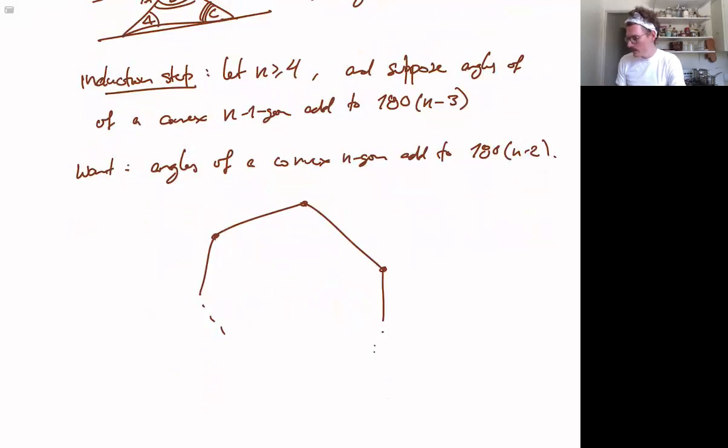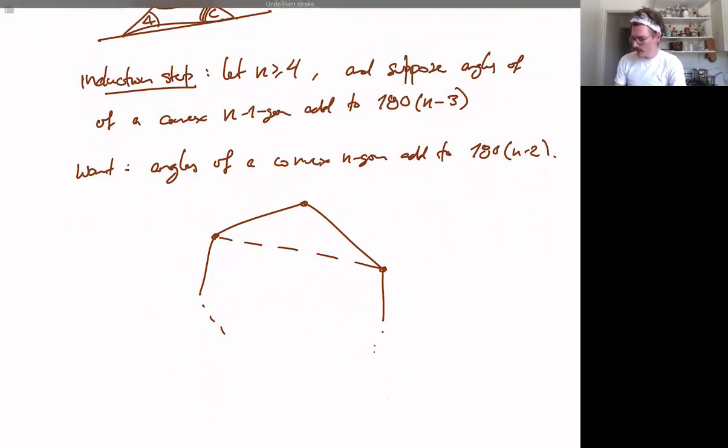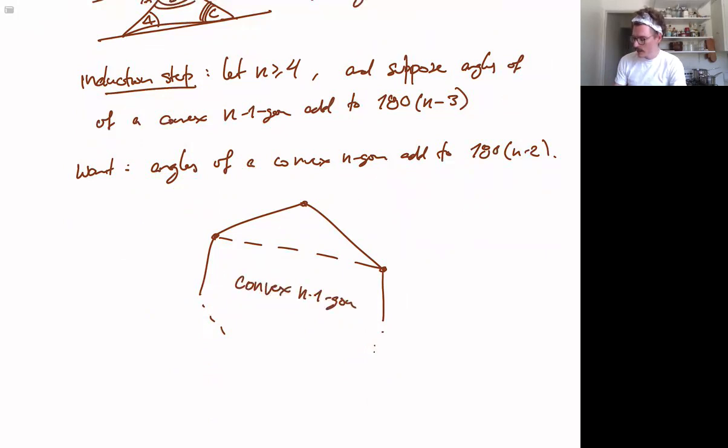What we're going to do is draw this diagonal of our convex n-gon. And what we're left with, if we include this line, is that this area is now a convex n-1 gon. And here, of course, is the triangle.